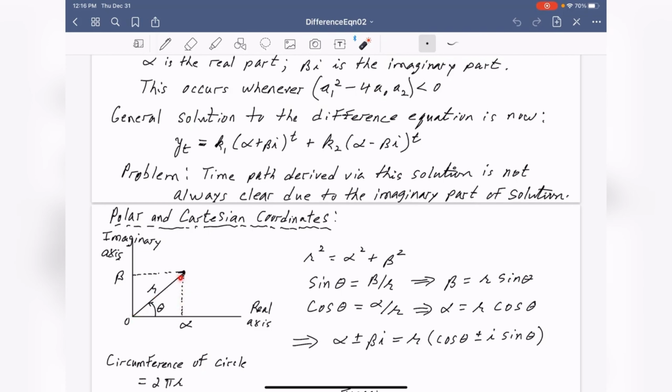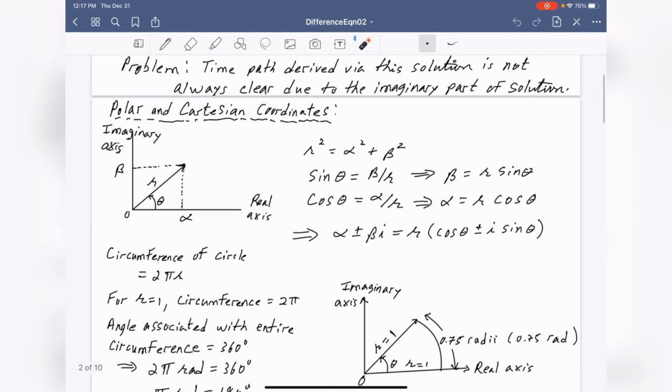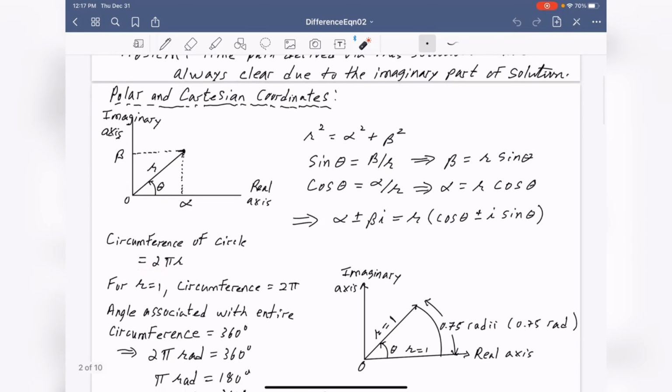And for cosine theta, we find that it's the adjacent over the hypotenuse, as noted in that final page. So we find that beta is equal to r sine theta and alpha is r cos theta. So this implies that alpha plus or minus beta i is equal to r multiplied by (cos theta plus or minus i sine theta).